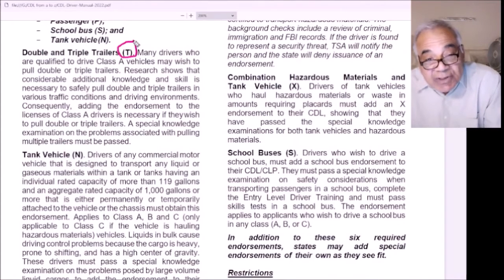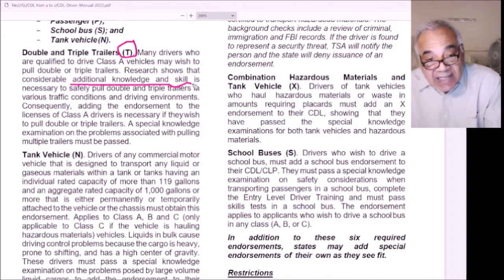The first endorsement you need is abbreviated with the letter T. That is for the double and triple trailers, which means you are towing more than one trailer. It's an extra permit that is added to your driver license because the complex nature of the combined vehicle requires additional knowledge.